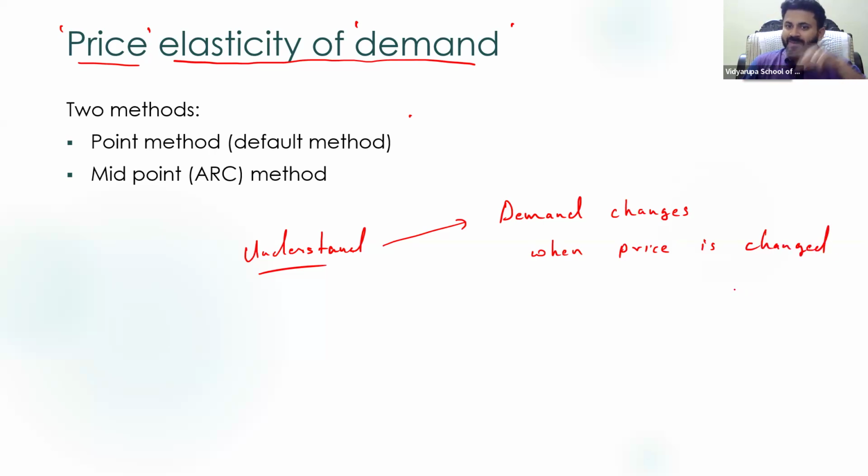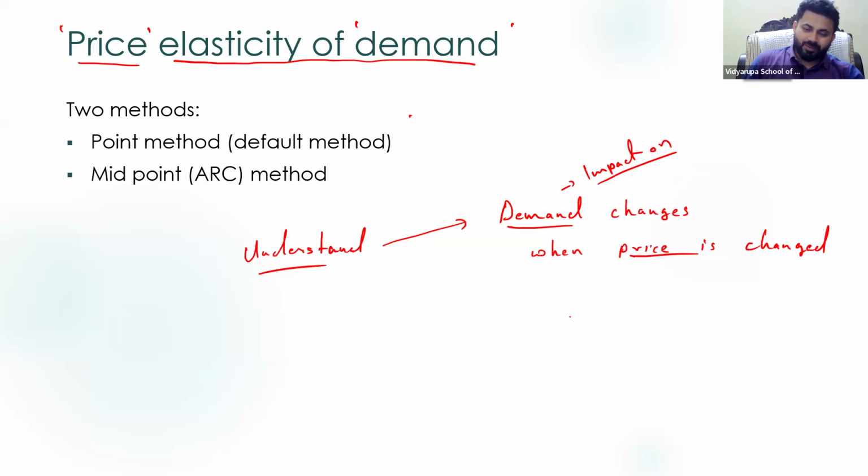Understand the chronology. What happens when the price is changed, how it will affect the demand. We are trying to learn the impact on demand when there is a change in price.